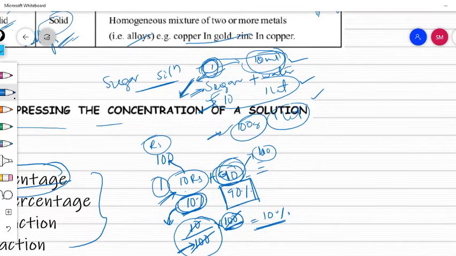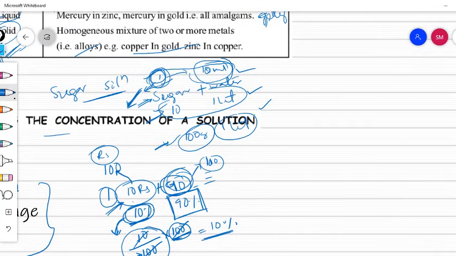Let's say I have taken 5 grams of sugar in 25 grams of water. As it is a mass percentage, you must take components in grams, or weight terms.